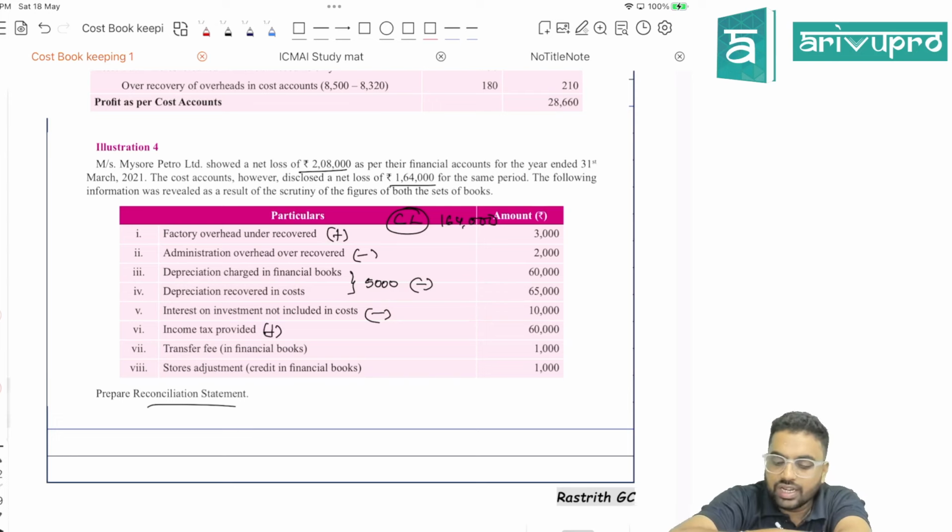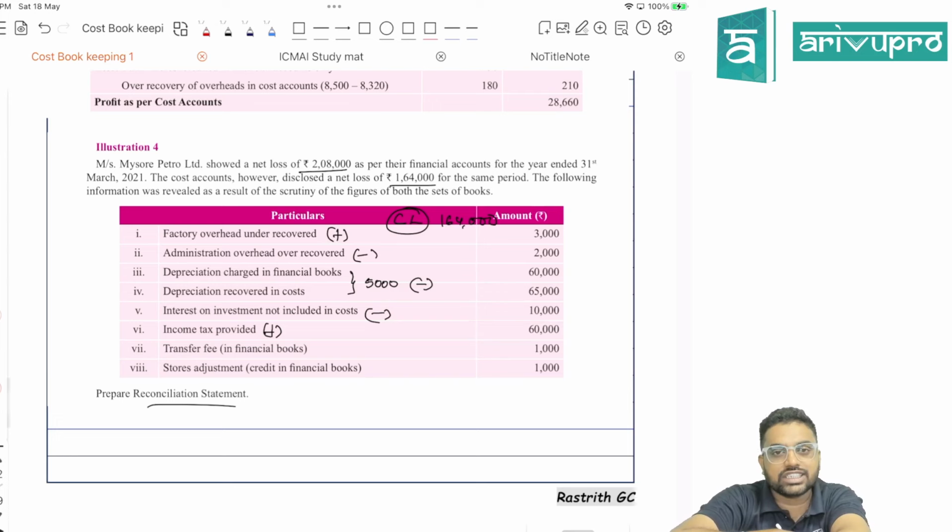Okay, sir. Transfer fees, sir. It is an income. It is not an expense. Remember, fees means don't consider it straight away as an expense. In financial book, we showed it as an income, sir. But in the cost book, we didn't show anything, sir. When we showed it as an income in the financial book, what happened to the loss, sir?